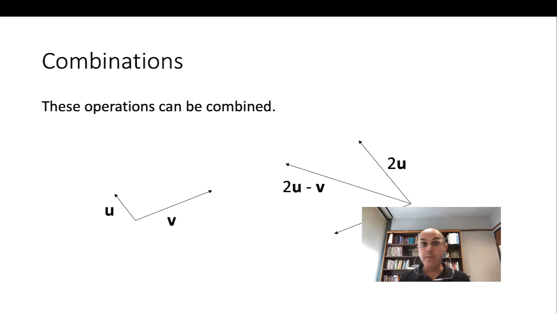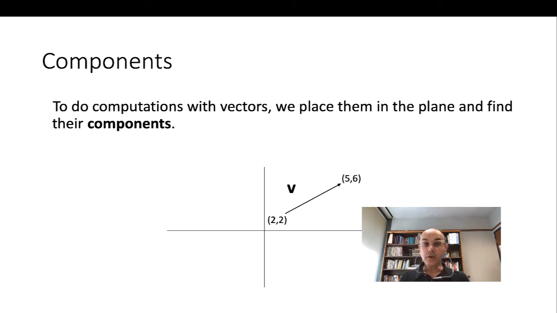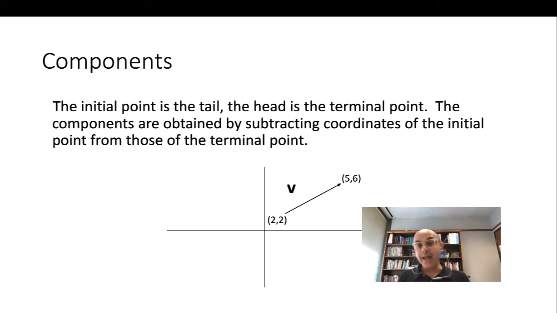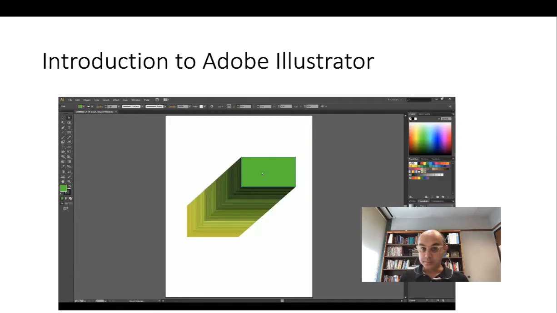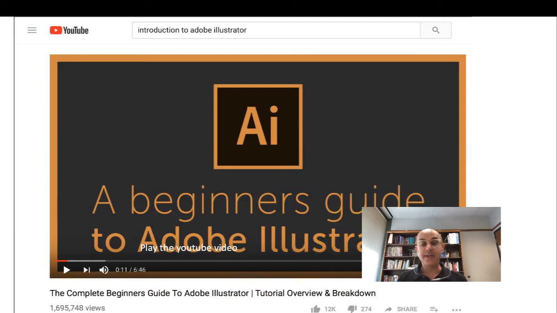That is really important. So we have combinations, components, and everything else that can be applied with regard to the idea of Adobe Illustrator and the idea of a vector into the piece I'm going to present in the canvas.